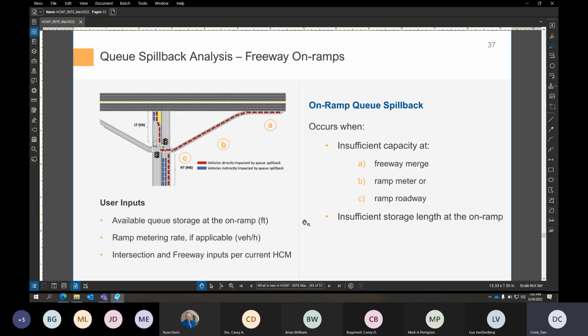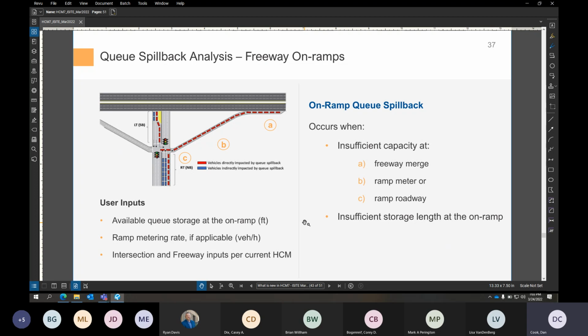So the first part is it includes a queue spillback analysis for freeway on-ramps. This includes the effect that ramp metering has on travel time, though it involves delay with it, it's all about getting the travel time.